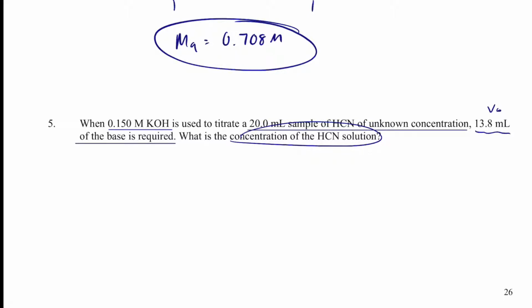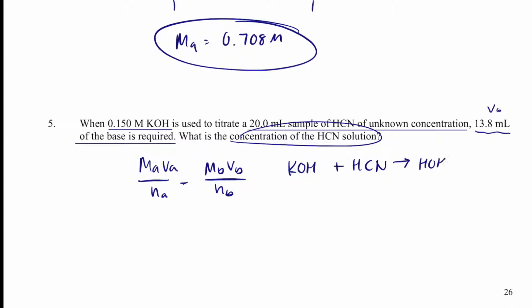So what we can do is MAVA over NA equals MBVB over NB. If I write out my reaction, just a simple double replacement reaction, KOH plus HCN, I get HOH plus KCN, and I can see that everything balances out. So NA and NB are both 1.